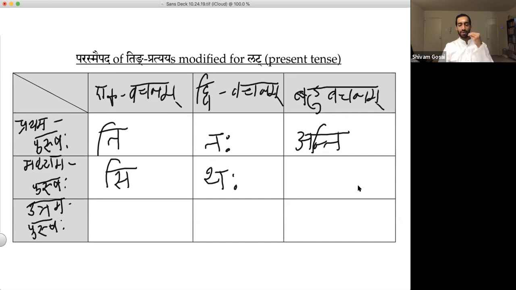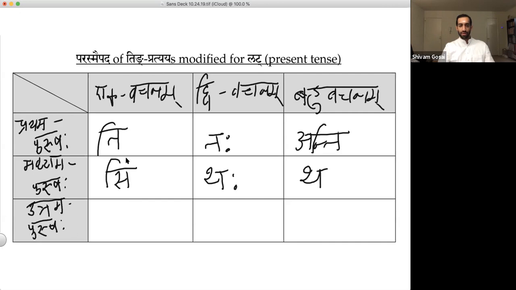So that's mahaprana tha with visarga. So thaha. And then madhyama purusha bahuvachanam, tha. So repeat after me. Si, taha, tha.